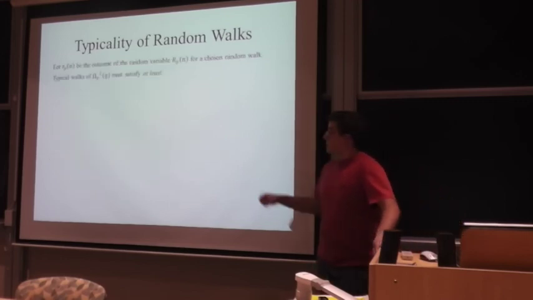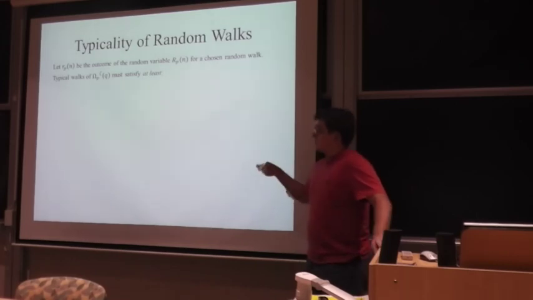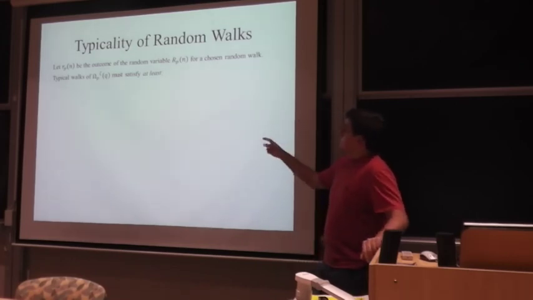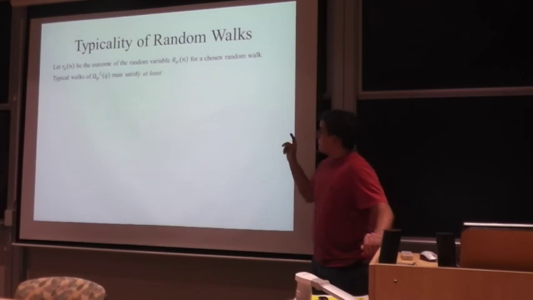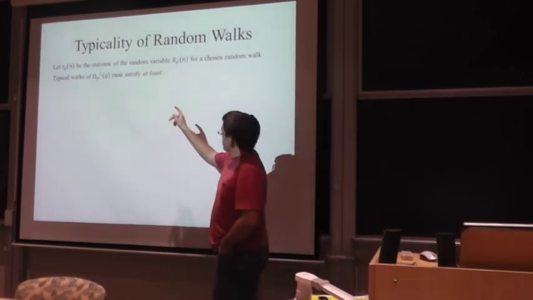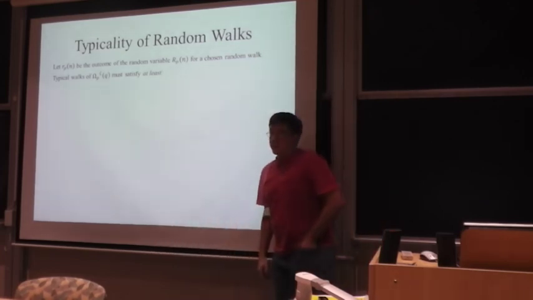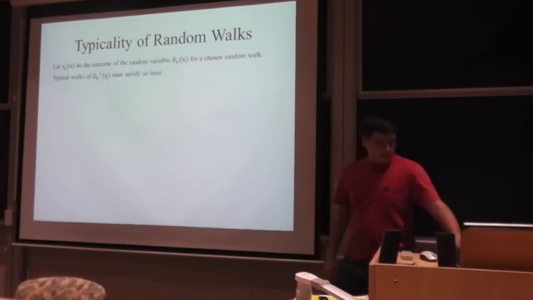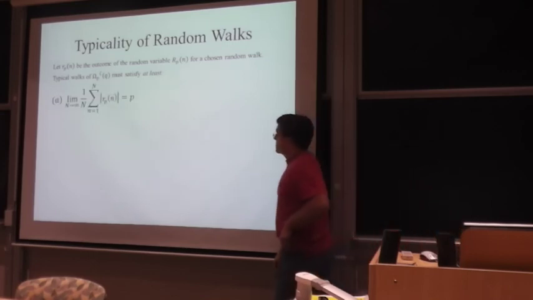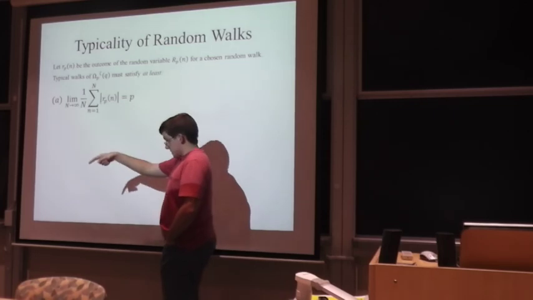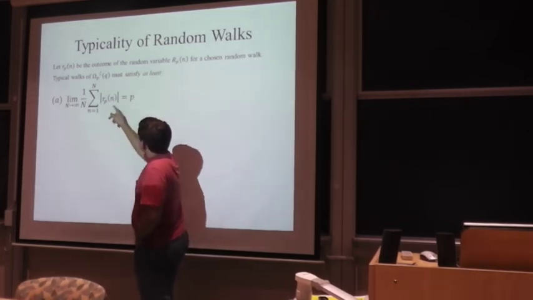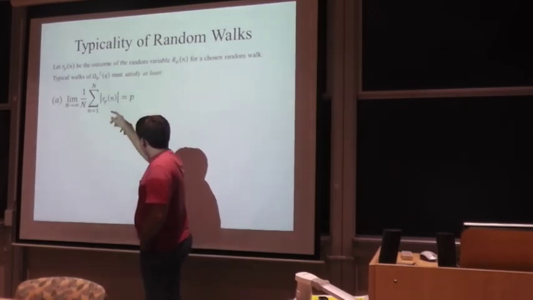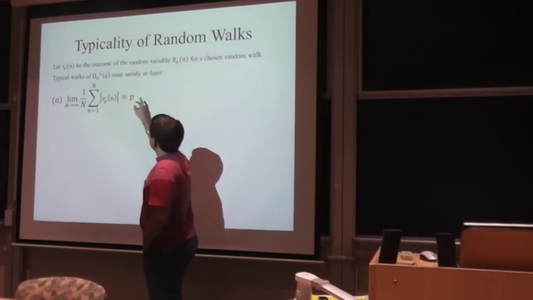So if we have little r_p to be the outcome of the random variable for a chosen random walk, then typical values of omega zeta p,q must satisfy at least these three conditions. This is just from the first die, as you said, that we require for little r_p that this is equal to p, and that in general this probability for all random walks for capital R_p must be equal to 1.